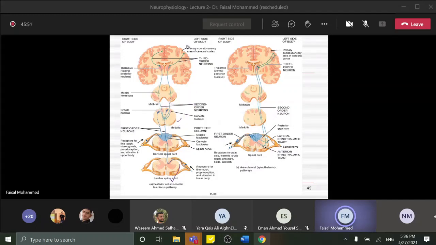So the cerebral cortex on the left side receives the information from the right, and the cerebral cortex on the right receives the information from the left. So if there is damage here, there is contralateral loss of sensation.